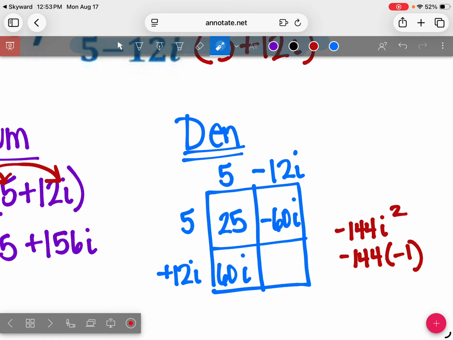So in this last corner, we're going to put positive 144. So just like we predicted, these cancel out. And this is what I'm left with. Go ahead and add that together. 25 plus 144.